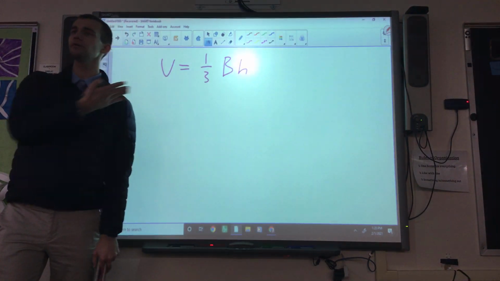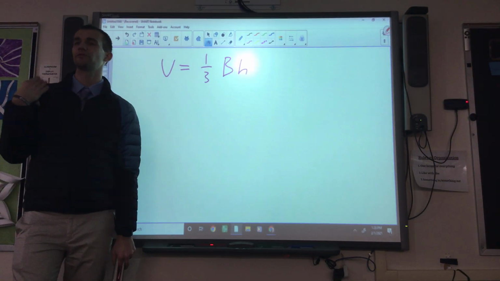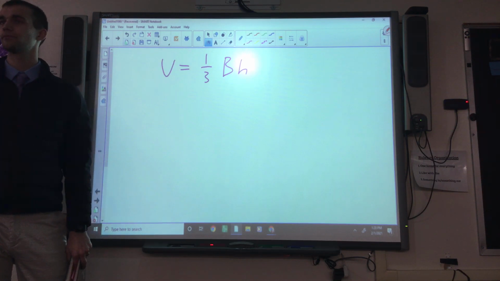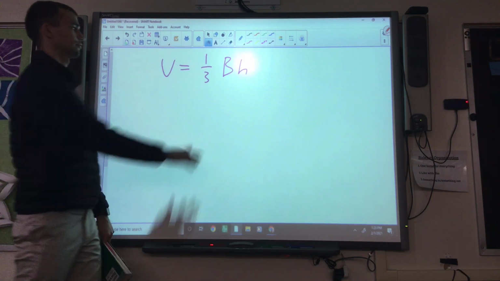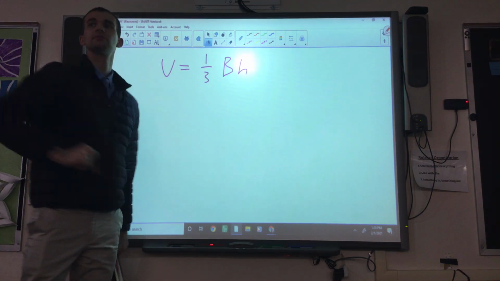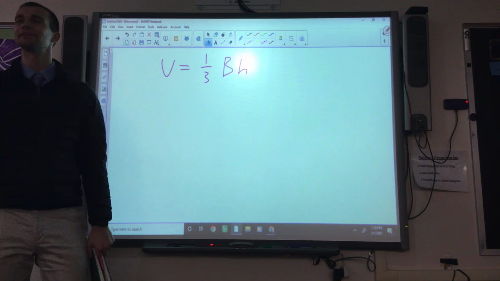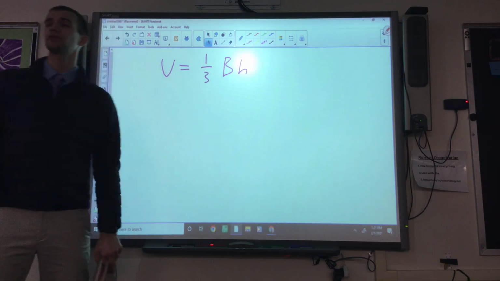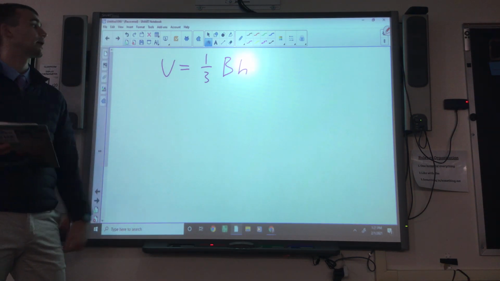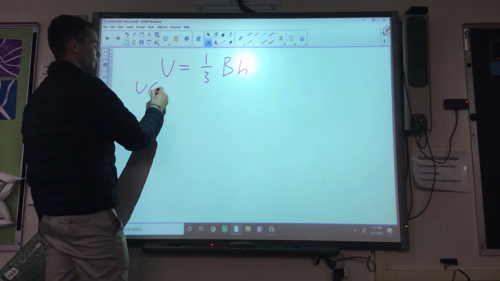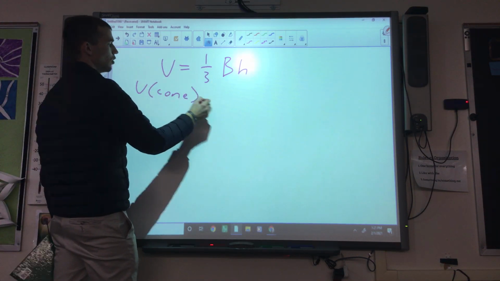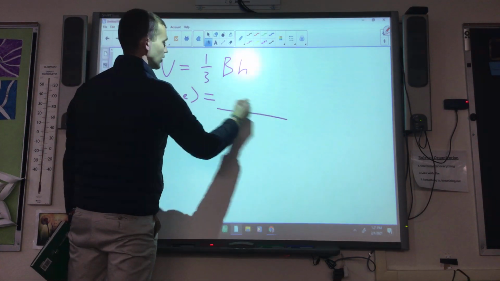Does it look familiar? Yeah, because it's also the formula for the volume of a what? Pyramid, yes. It's the same thing as the formula for the volume of a pyramid. I might even write in my notes, volume of a cone equals that.